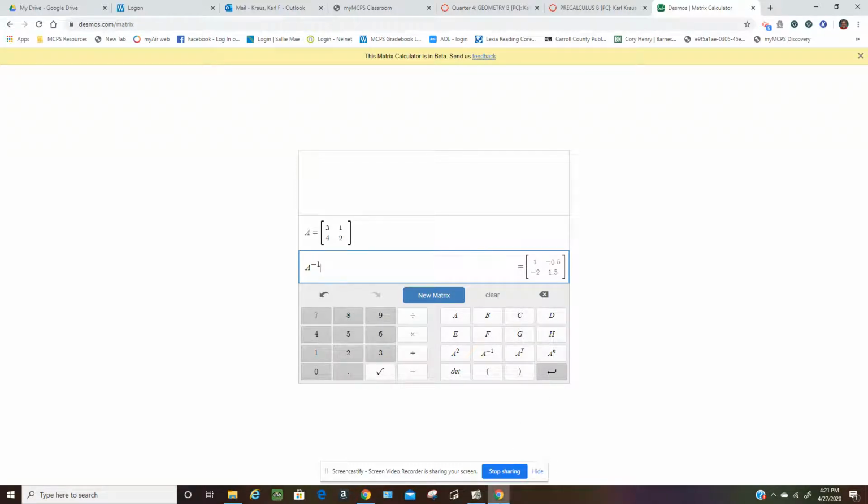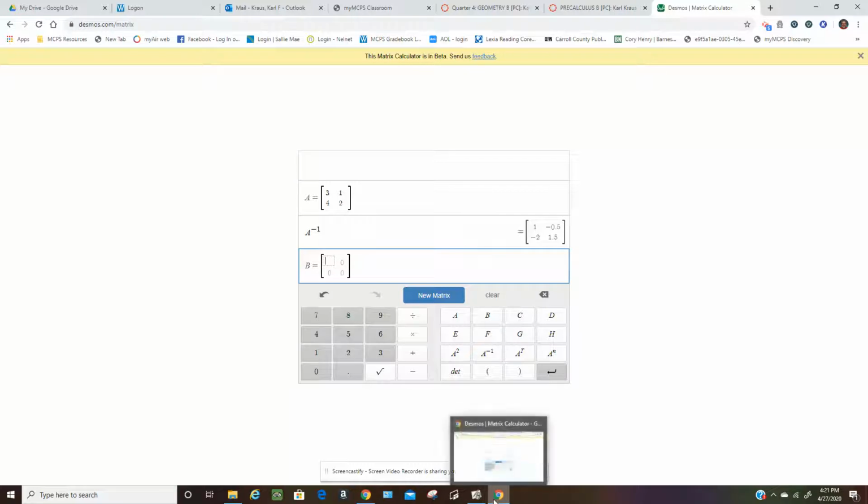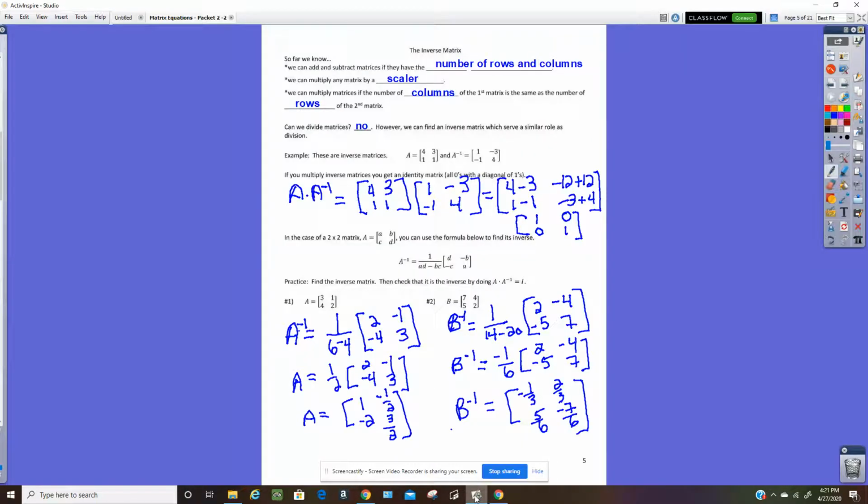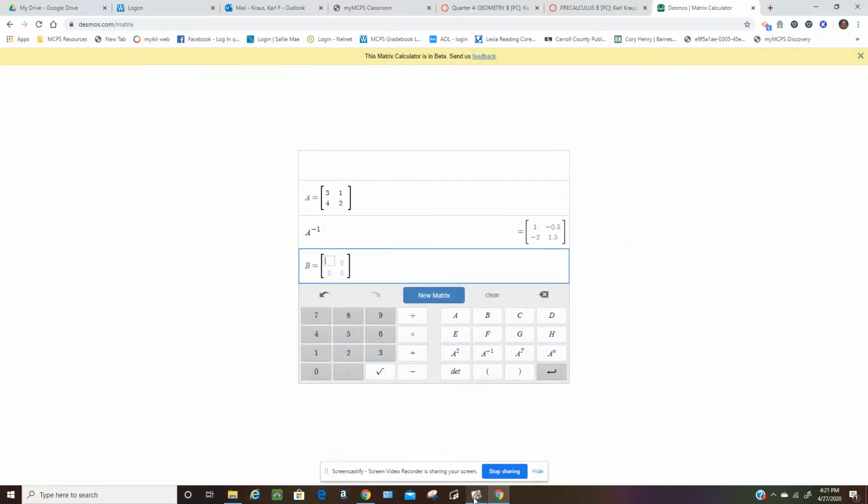Let me check the other one. So we got a new matrix. It's a 2x2. Now it's naming it B since I already have matrix A. So let me use matrix B as 7, 4, 5, 2. So 7, 4, 5, 2, and hit return.